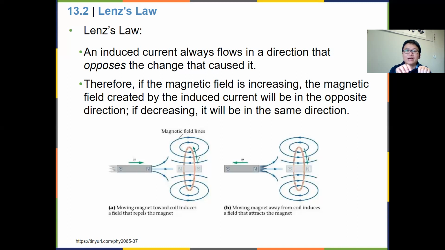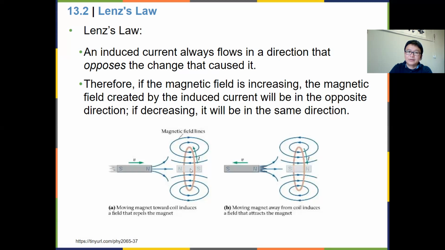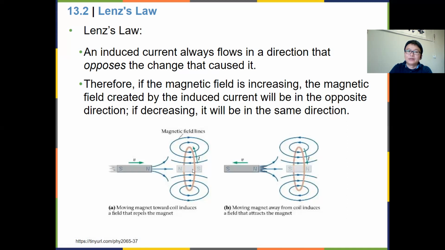So the coil will have an induced magnetic field in the opposite direction of this bar magnet. The effect of this induced current is just like a bar magnet, in the opposite direction of this one.